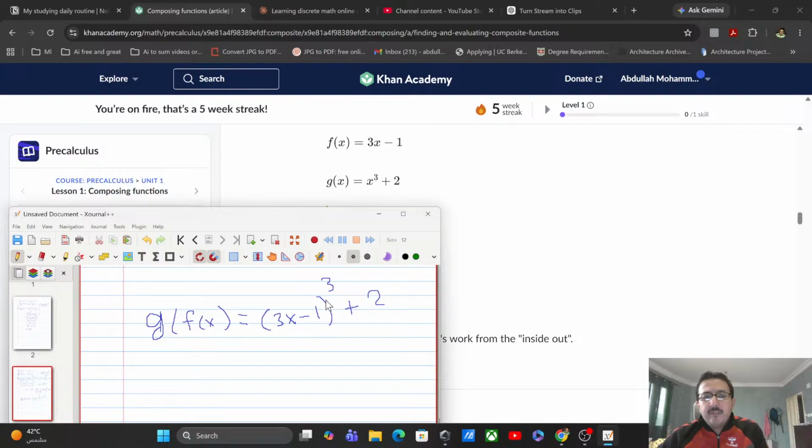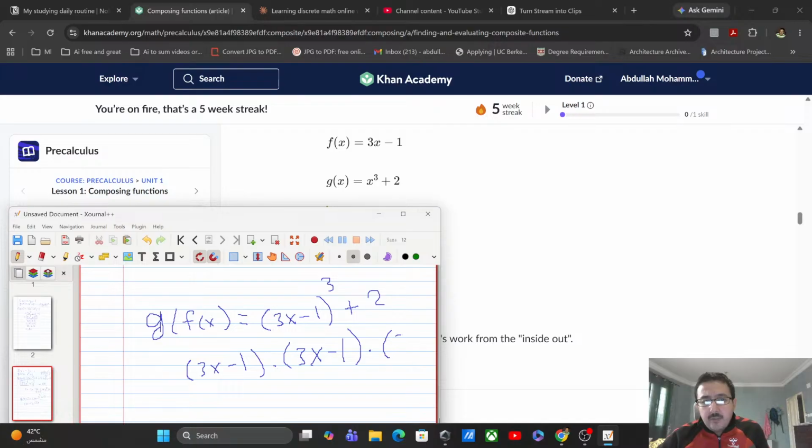So what do I have? This is not how it is. This is actually more deeper than that. This is 3x minus 1 product of 3x minus 1.